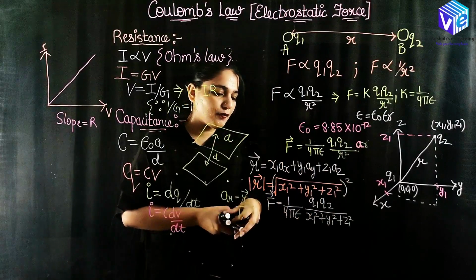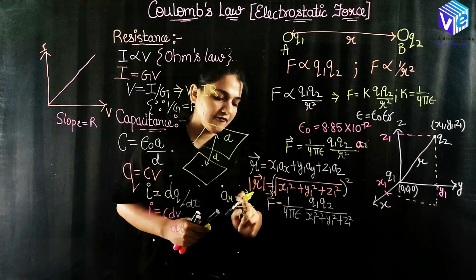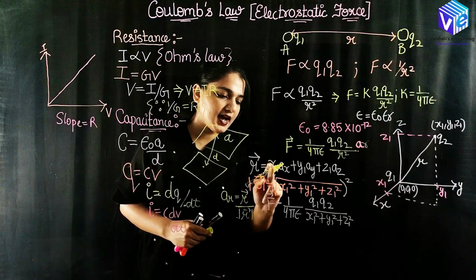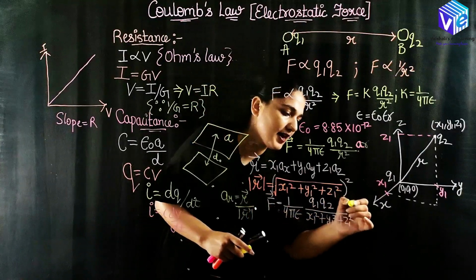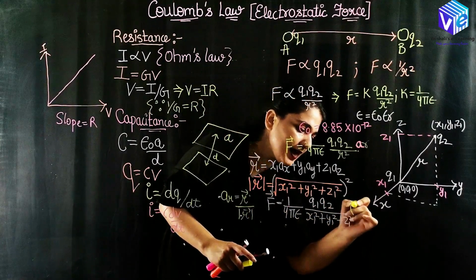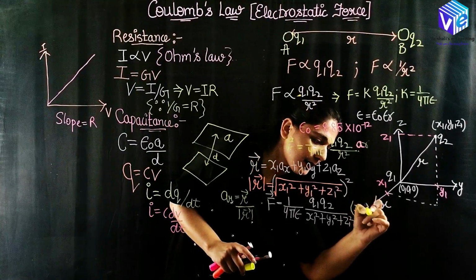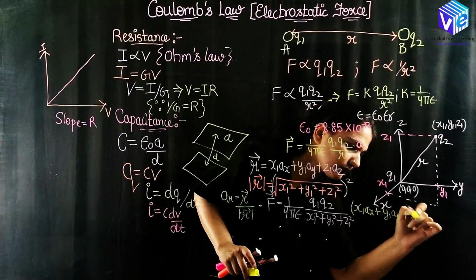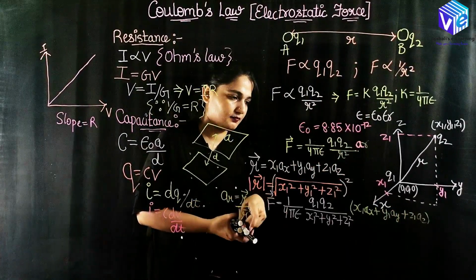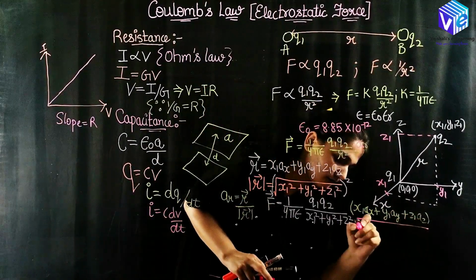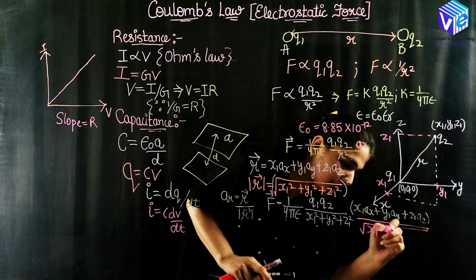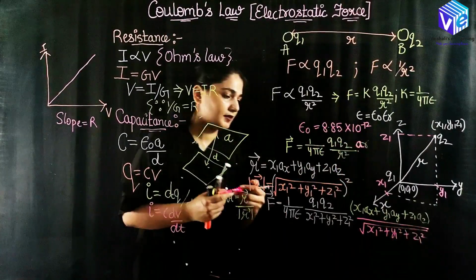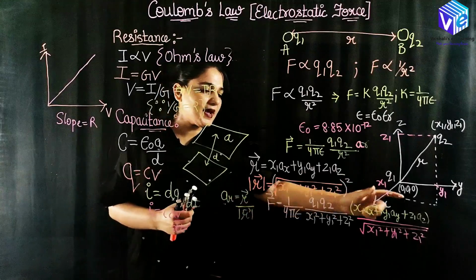For ar, I will be using this formula: ar is r vector upon magnitude of r vector. So this is my force.